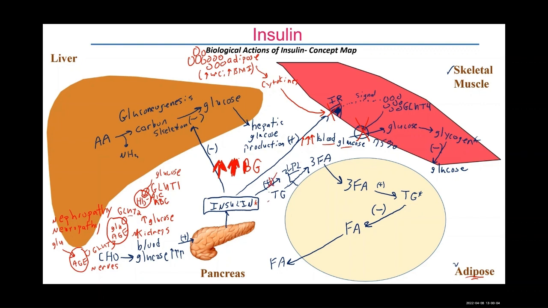And then it can perhaps elevate your triglycerides, right? And also, since insulin is not working, instead your triglycerides are going to be breaking down very rapidly, because the inhibition, meaning prevention of breaking down your triglycerides, is not going to happen.